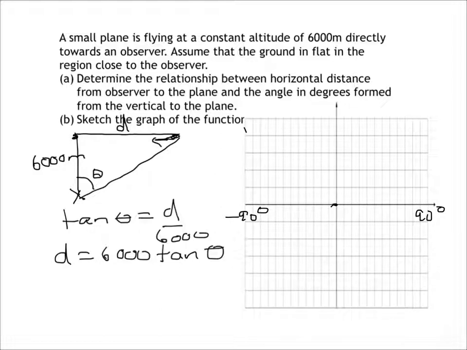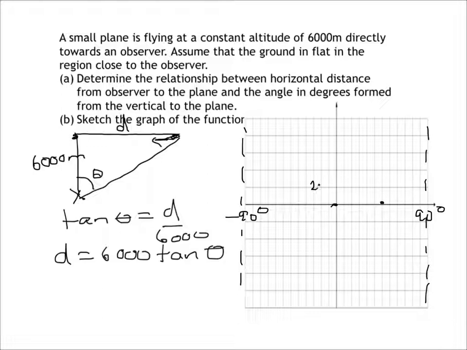We know that we have asymptotes, drawn with my best broken line, at 90 and negative 90. We can see that exactly halfway along, we would have our 45 degrees. And at 45 degrees, tangent is 1. We're going to multiply that by 6,000 though, so we know it's going to go up to 6,000.